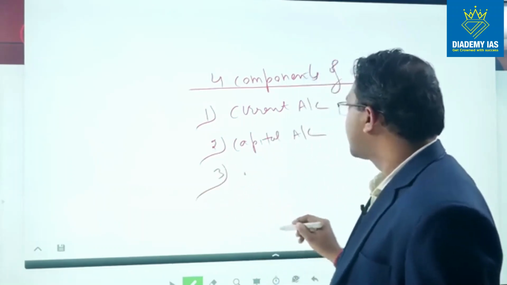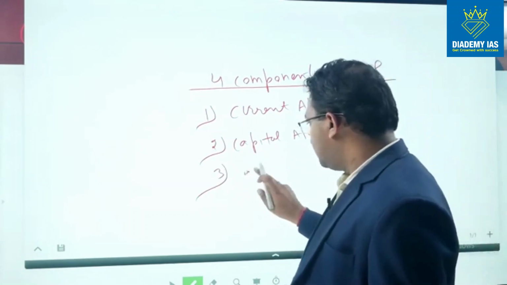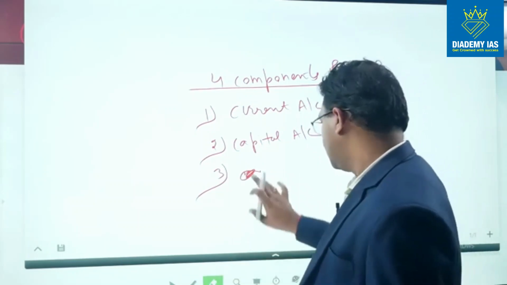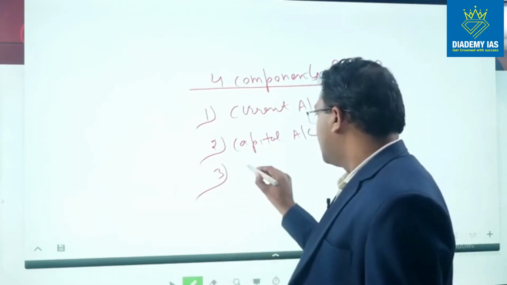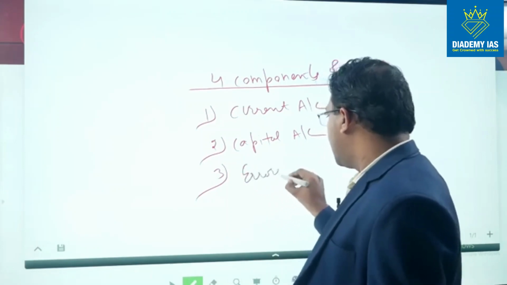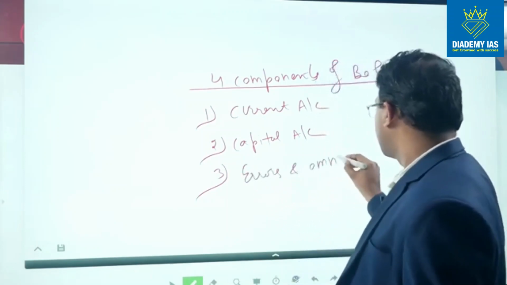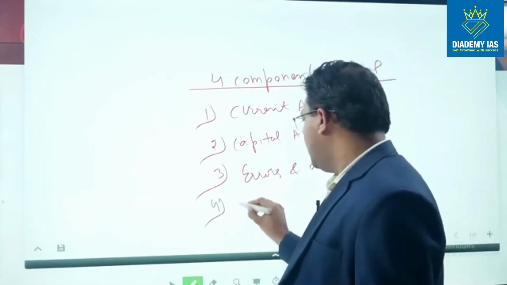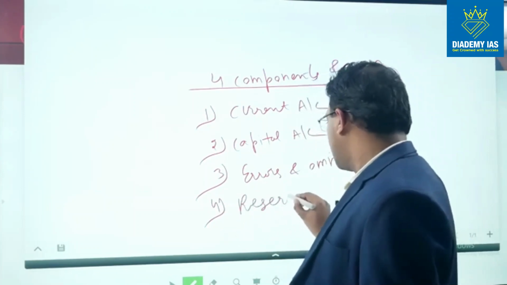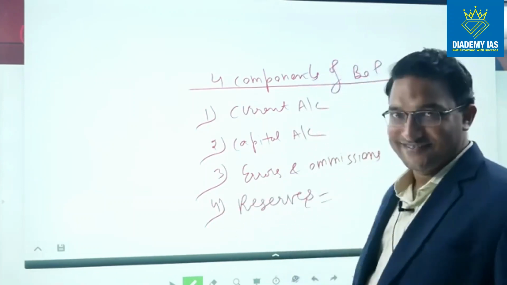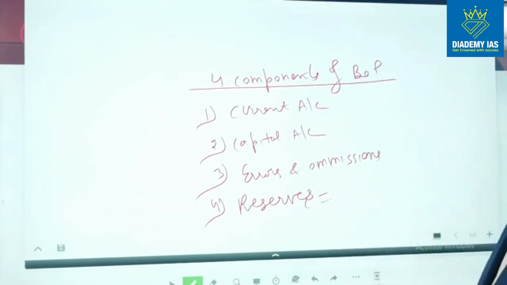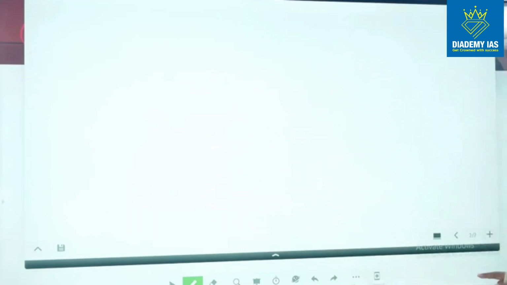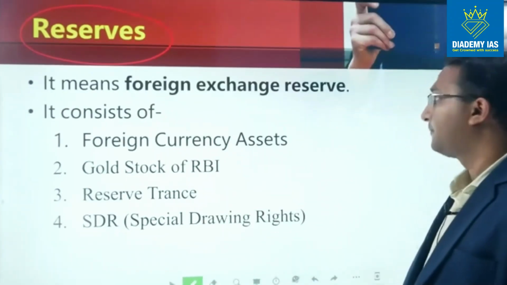The third component is errors and omissions. And finally we have reserves, right? So this reserves we are talking about here. I hope you got the point. So let us discuss this reserve.